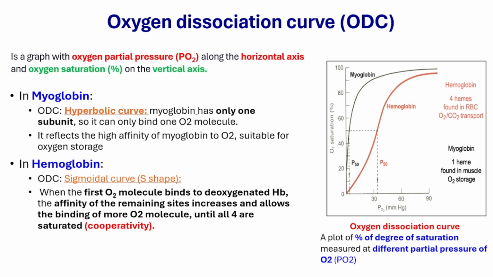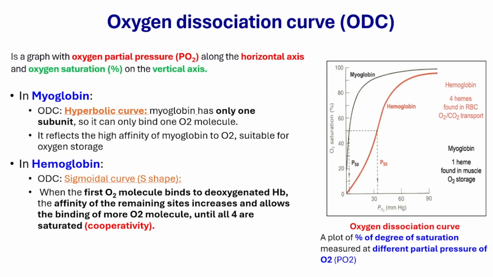So here, as you can see, the oxygen dissociation curve doesn't have a hyperbolic shape, but what we call an S shape, or sigmoidal shape. It's the S. Why? Because at a low partial pressure of oxygen, the first molecule of oxygen will bind to one of your binding sites.